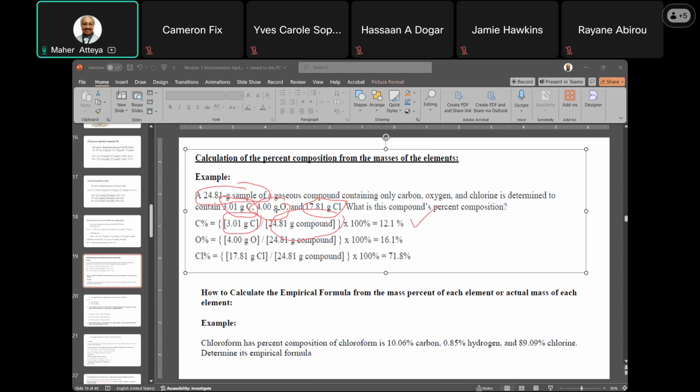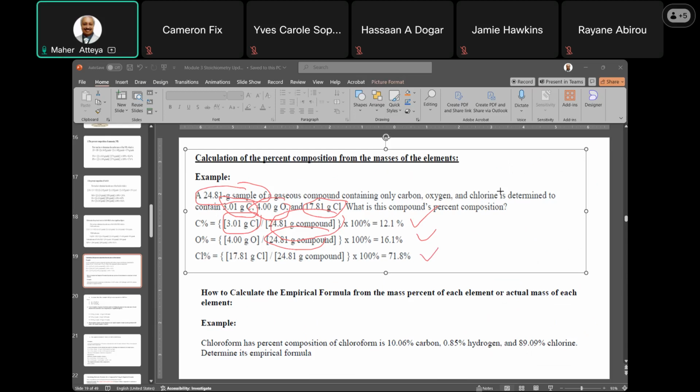You have oxygen at 4.00 gram divided by the whole amount of the compound, multiplied by 100, gives you this. And then the same thing with the chlorine. You can just subtract 100 minus the carbon 12.1 percent minus oxygen 16.1, and you get the same thing. Or you can just solve it by number of grams divided by the whole amount of the compound multiplied by 100.